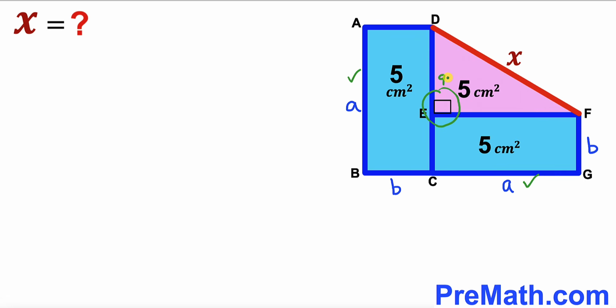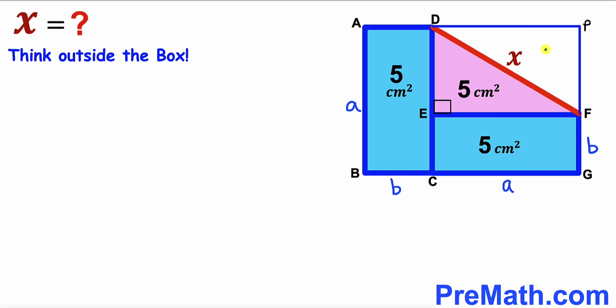Now we are going to think outside the box and draw some auxiliary lines to make our job simple. As you can see in this next step, I have extended this line AD all the way to this point P. Likewise, I have extended this GF line all the way to this point P as well.